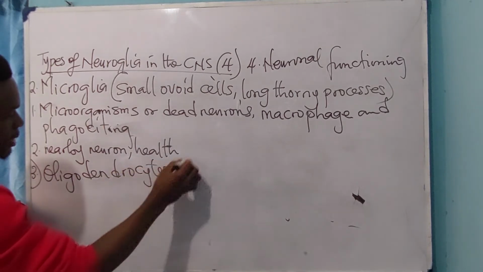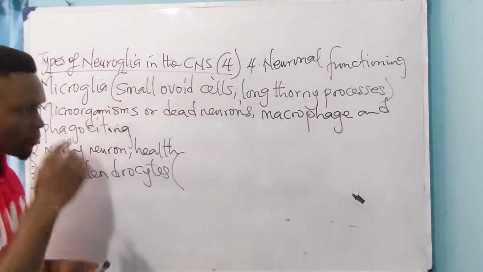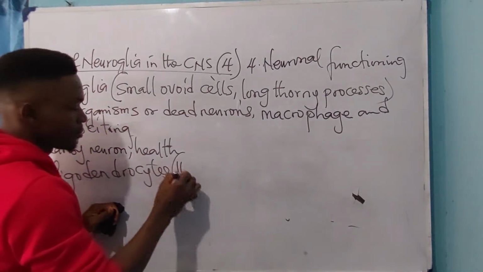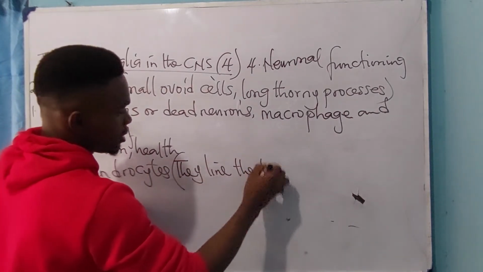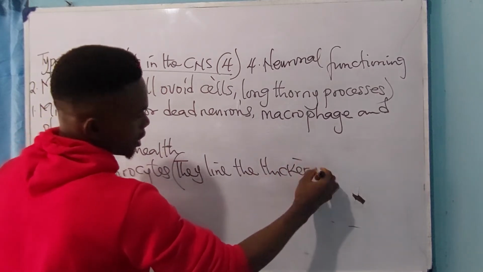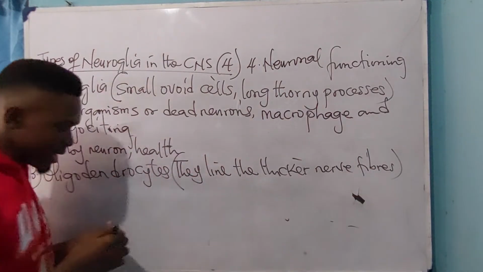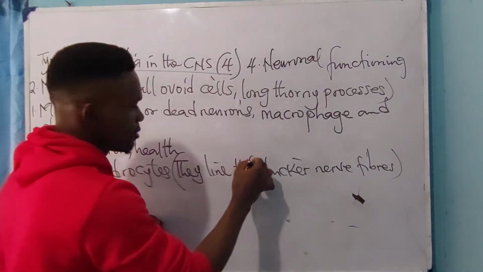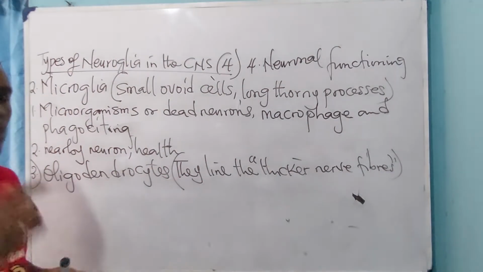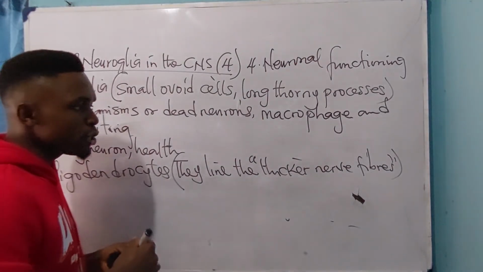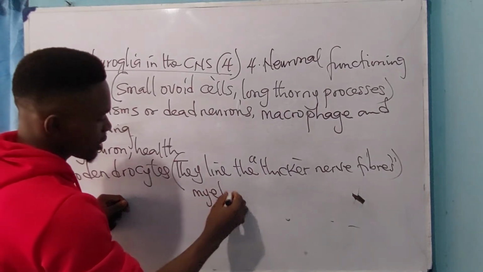These oligodendrocytes line the thicker nerve fibers in the central nervous system, thereby resulting in the formation of an insulating membrane called myelin sheath.